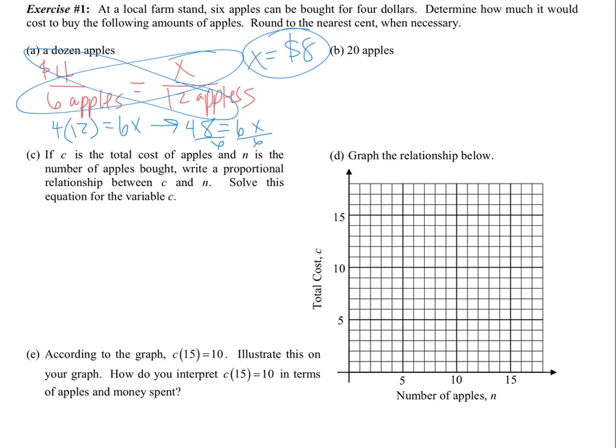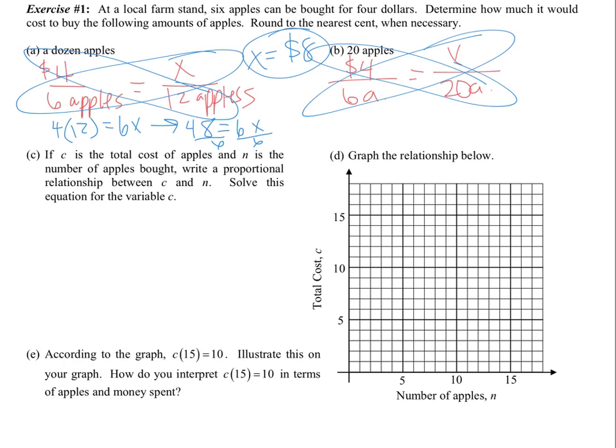So what about 20? Again, $4 over 6 apples is how much for 20 apples? Again, we're going to cross multiply. So 4 times 20 equals 6x, which is 80 equals 6x.